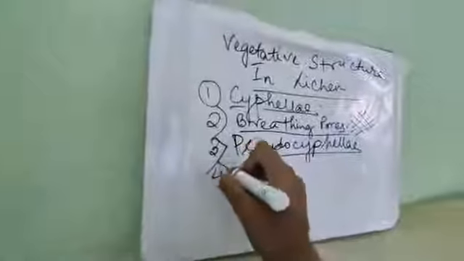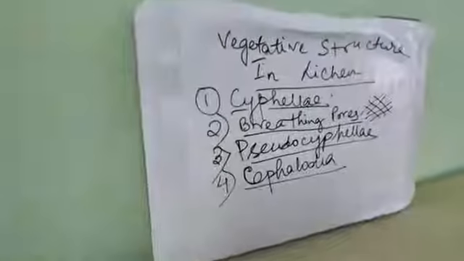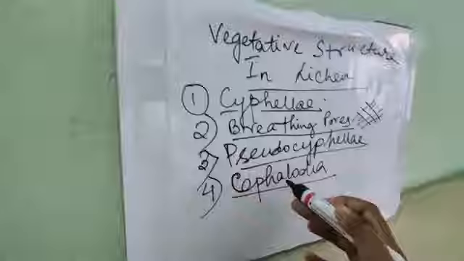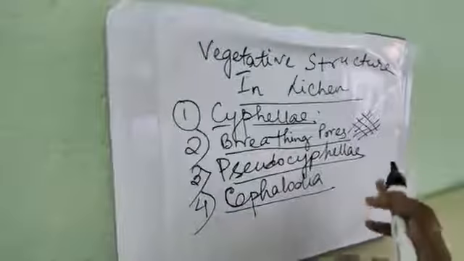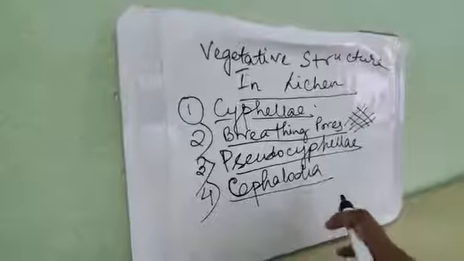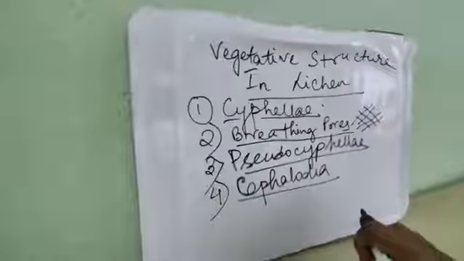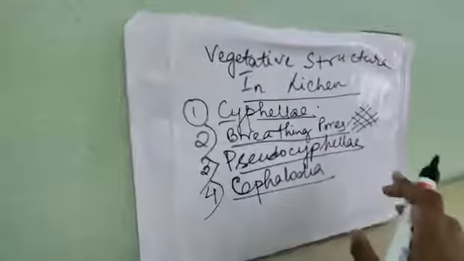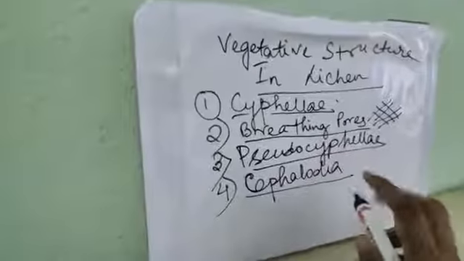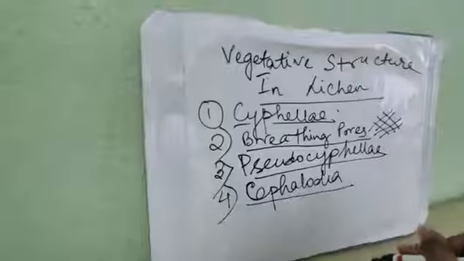Next, number 4, the cephalodia. What happens here? We have seen that lichen is a mutualism between a fungus and an alga. But in the case of cephalodia, these are a special type of lichen formed by the combination of 2 algae and 1 fungus.